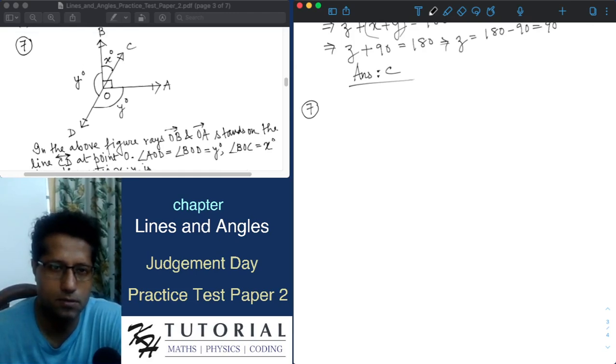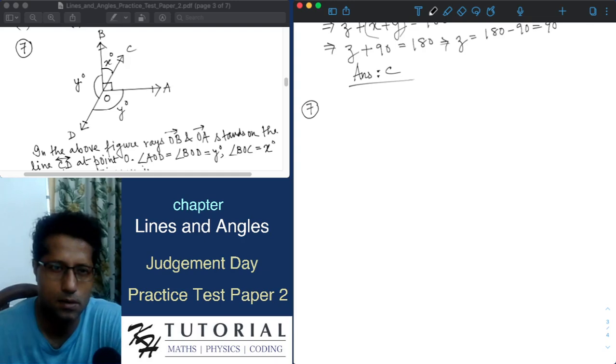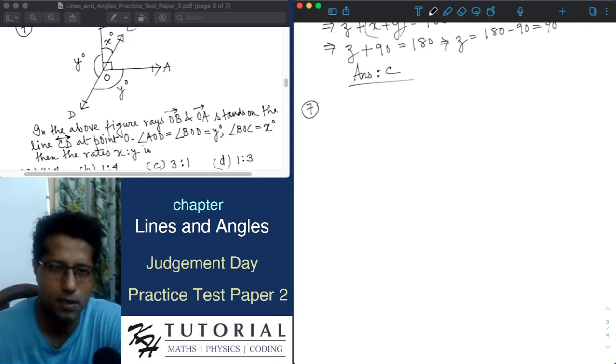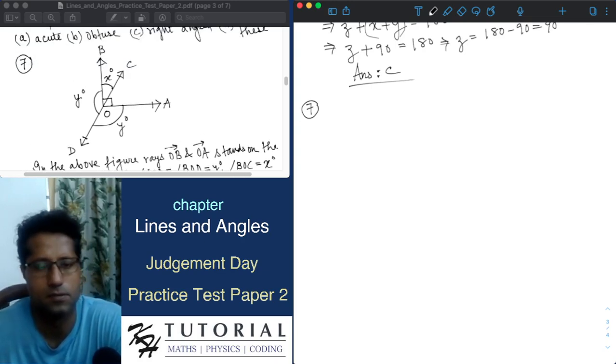Angle BOC is equal to x degree. Then the ratio x is to y is.